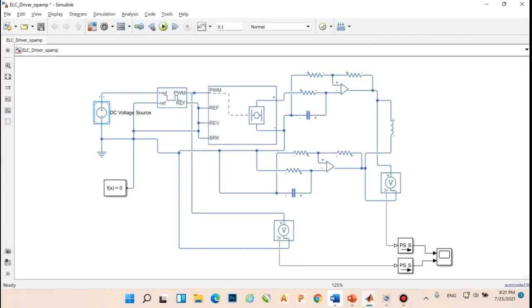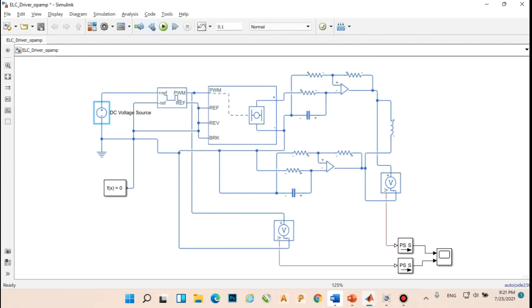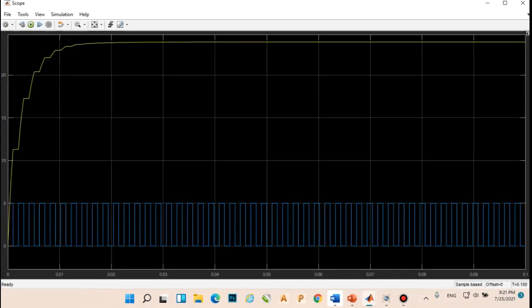If we change it to 0.5 volt, we can see the output level voltage is the same as 100%, but we can use the op-amp as a digital to analog converter driver.